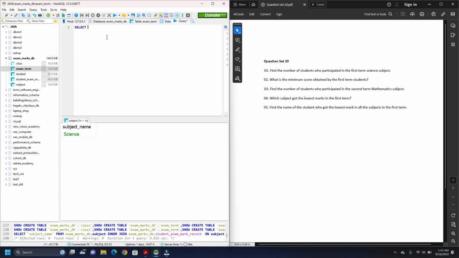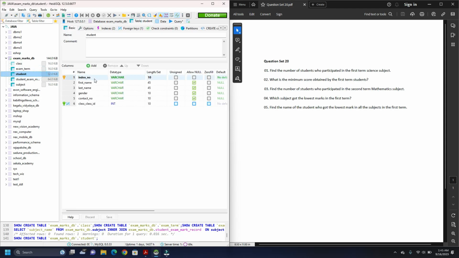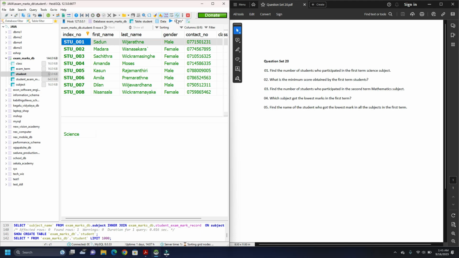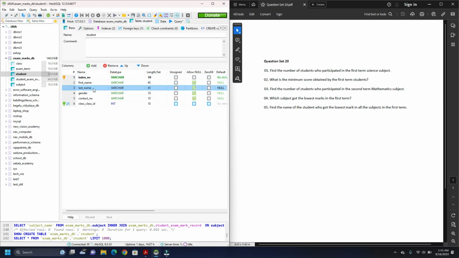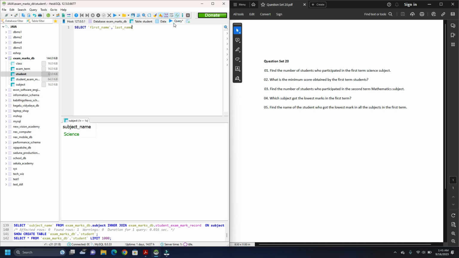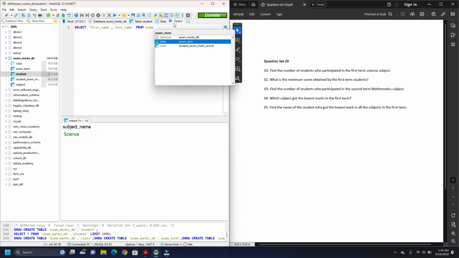To find the name of the student, we have to use the first name and last name from the student table.